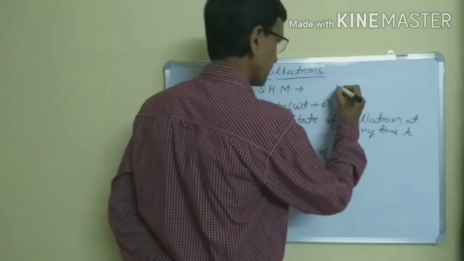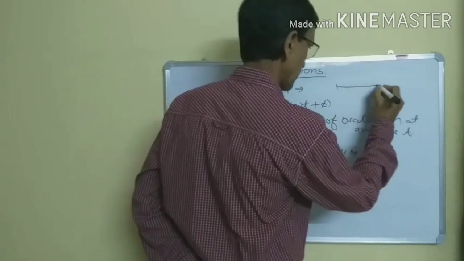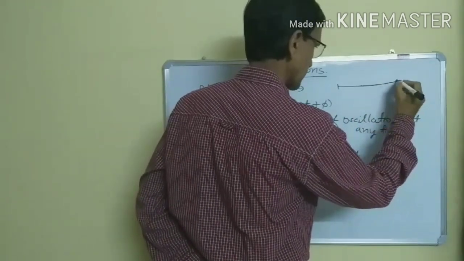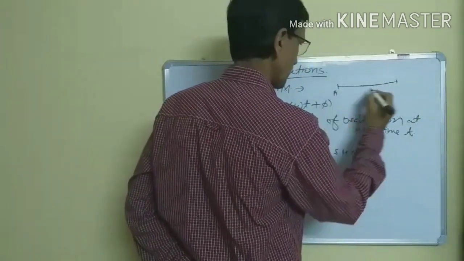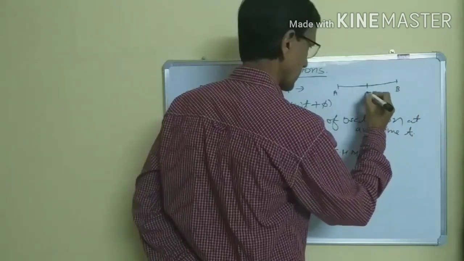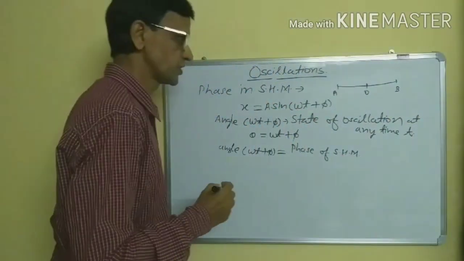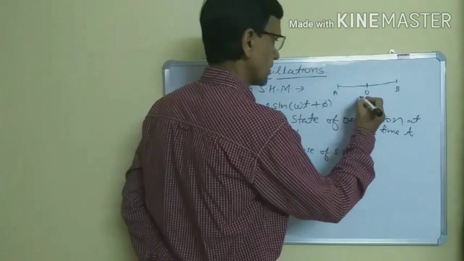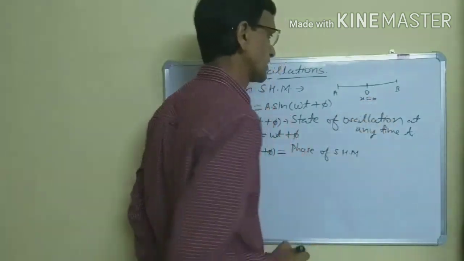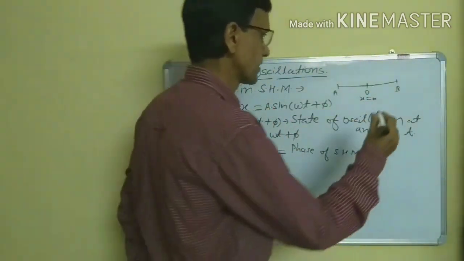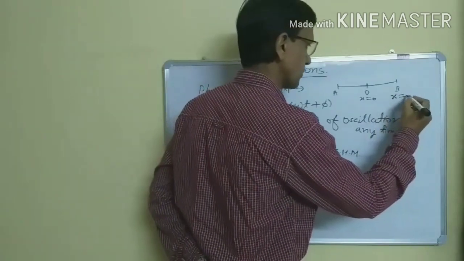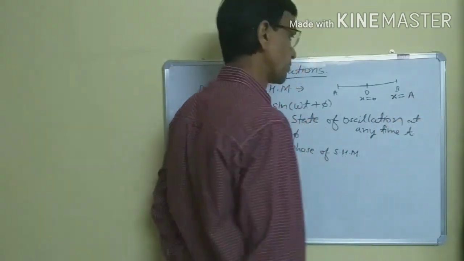We represent the simple harmonic motion along the straight line path. Suppose AB is a straight line path and O is its mean position or middle position, where displacement is 0, x is equal to 0 at mean position. At extreme position, x is equal to A, amplitude.